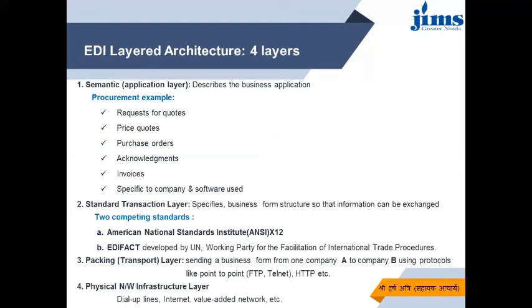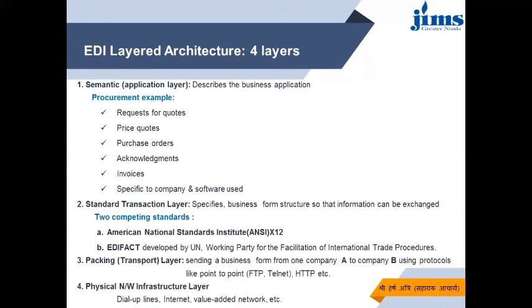Out of these two standards, it depends on the company which standard the company is following. So whatever order you have placed through the application layer automatically translates into either the American standards or the EDIFACT standards.